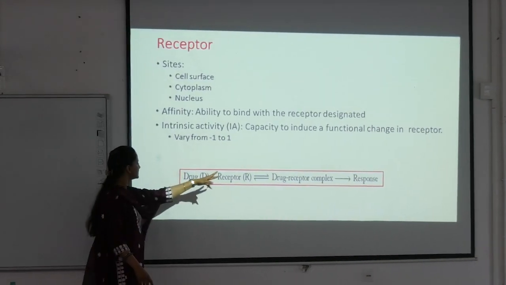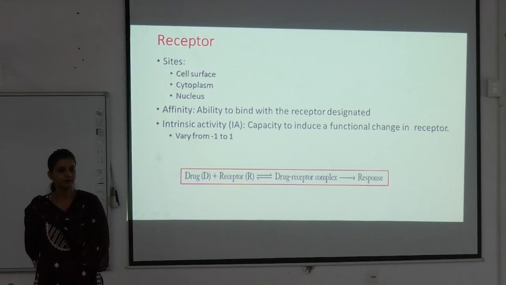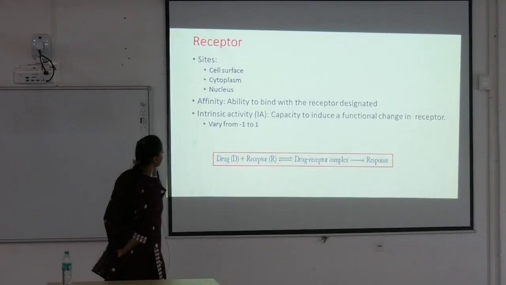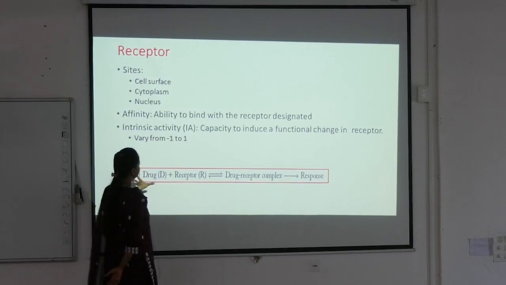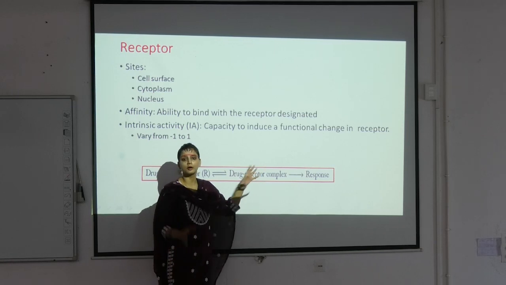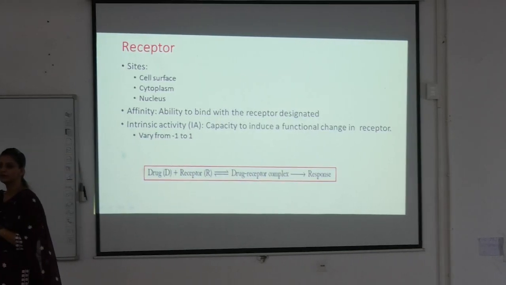Now this reaction was given by Clark. When a drug and a receptor bind, a drug receptor complex is formed. On the basis of that there are changes, and then through these changes there is a response.